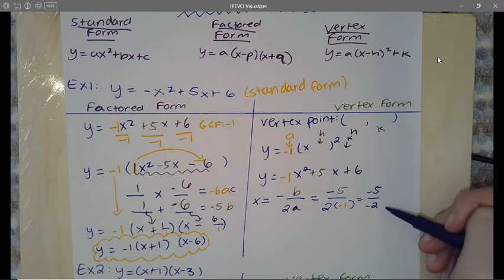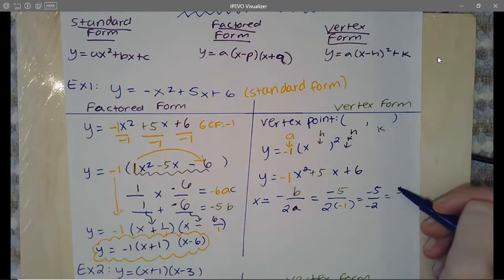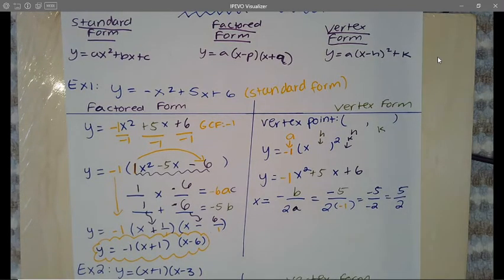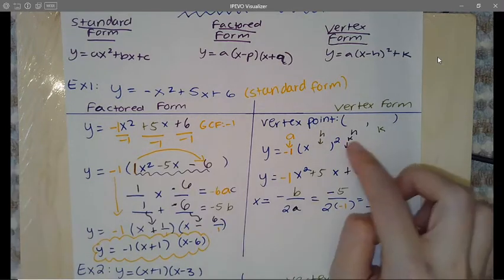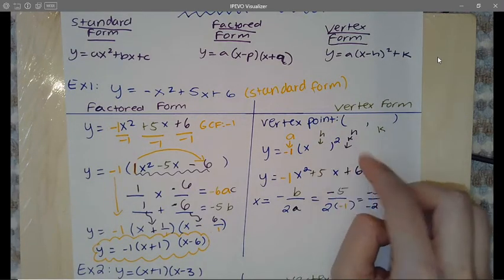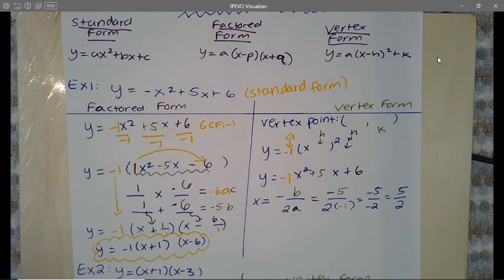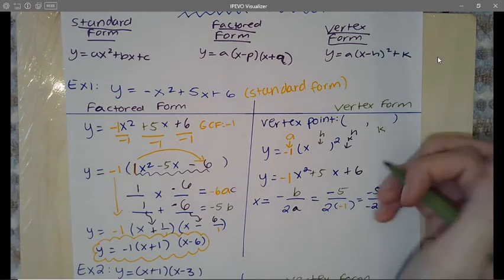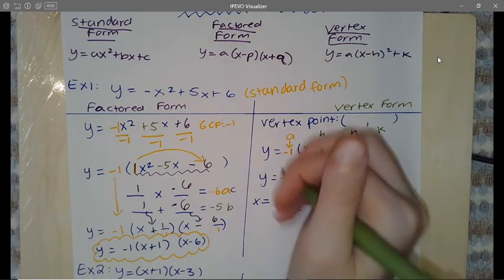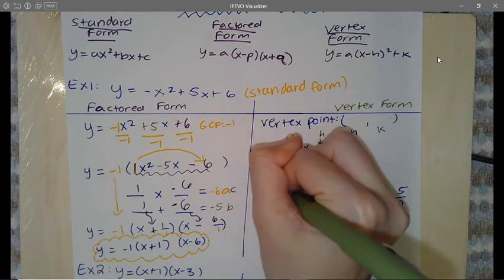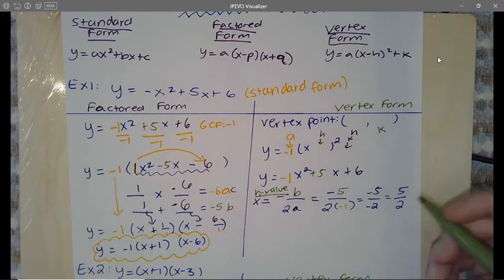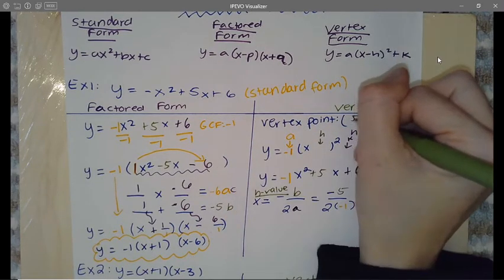A negative divided by negative is a positive. So my h value will be a positive 5/2. If you realize I wrote the h and k in different colors, but it'll be okay. So the axis of symmetry, this is our h value. This is the h value of our vertex point, 5/2.